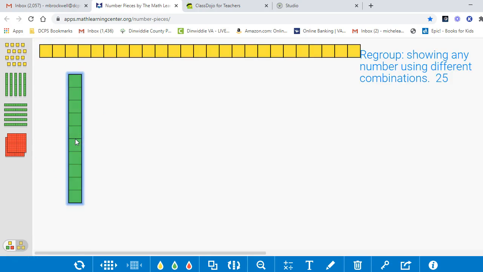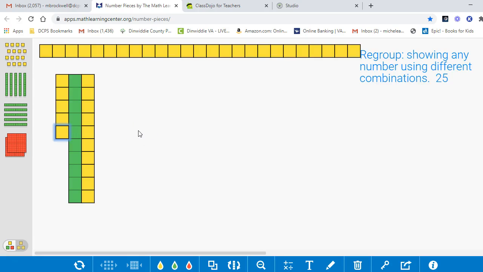You can start counting with 10 up to 25 like this. 11, 12, 13, 14, 15, 16, 17, 18, 19, 20, not done yet, 21, 22, 23, 24, 25.